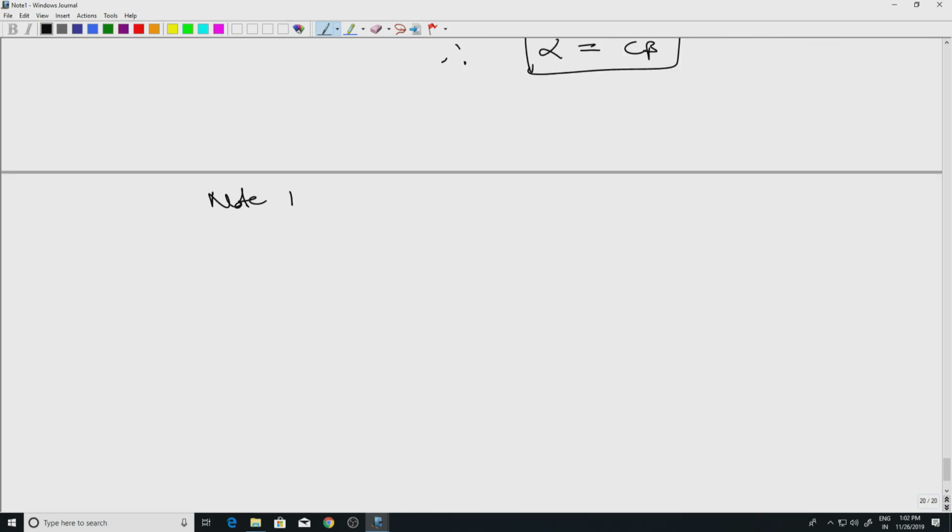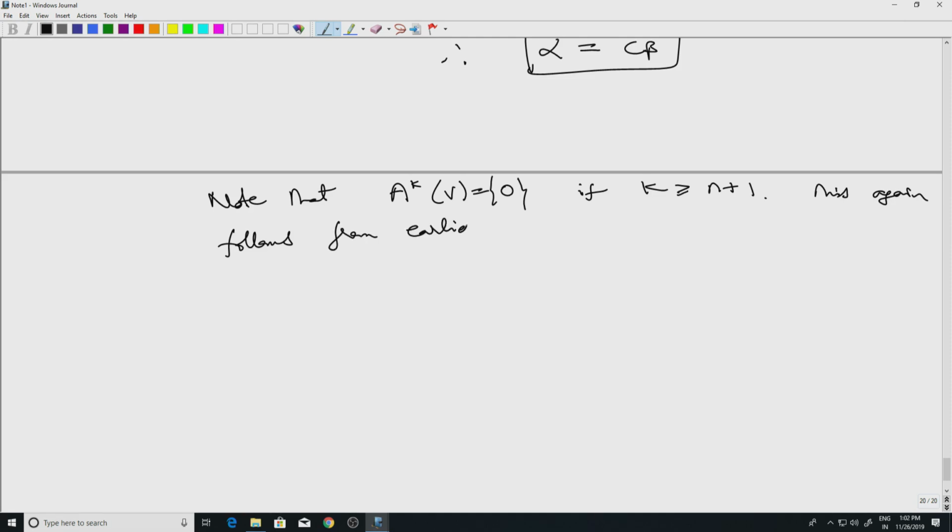Notice that A^k(V) equals the 0 vector space if k is greater than or equal to n plus 1. This again follows from earlier computations.